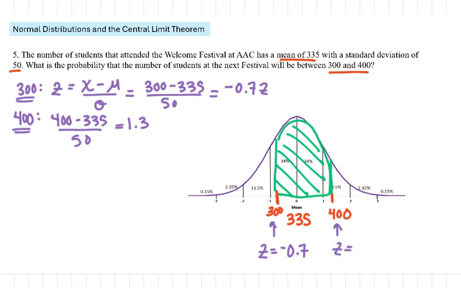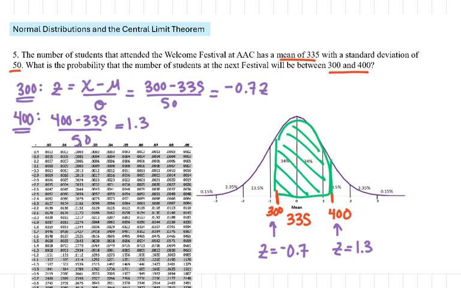So then this is just your classic question of what's the area of those regions in between those z numbers. So first thing we'll do is we'll look up the corresponding area to the left when you have negative 0.7. We need this area, so we look on our table at z equals negative 0.7, we get 0.2420.